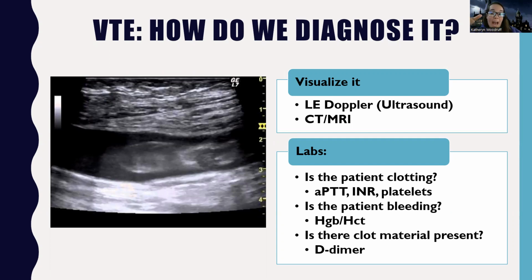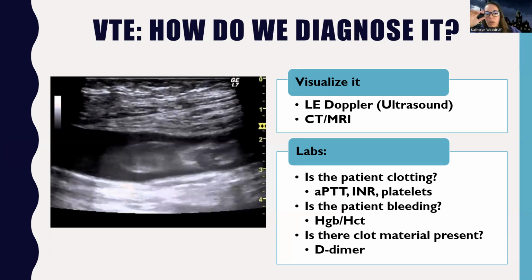We also want to get labs because we want to look at risk factors, what's caused the patient to form this clot. So is the patient clotting? We do things like checking a PTT, INR, or platelets, which we'll talk about a lot of those labs soon. We want to see, is the patient bleeding?